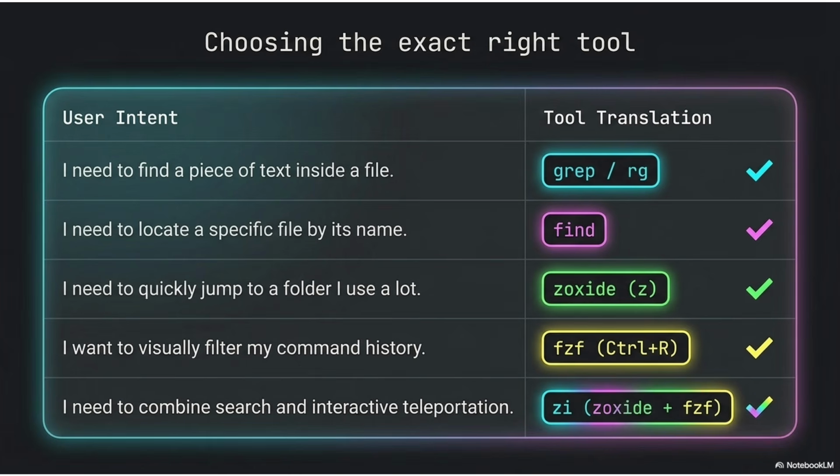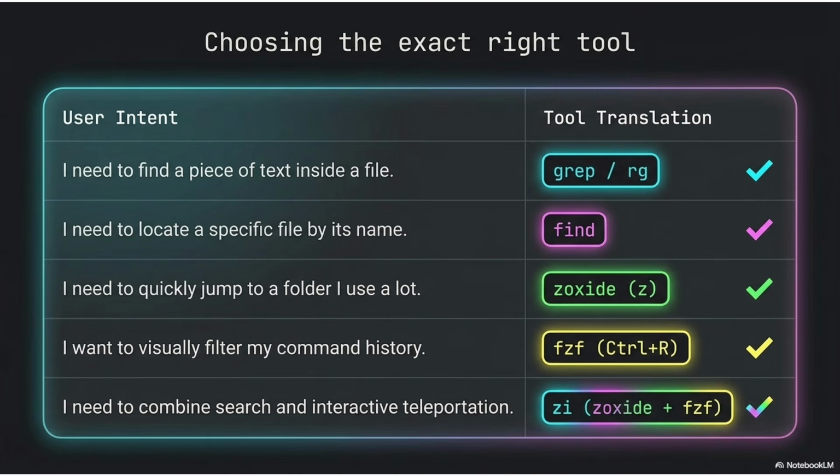This decision table is your reference for choosing the right tool when you have a task to do. The mapping is straightforward. When you need to find a piece of text inside a file, reach for grep or rg. When you need to locate a specific file by name, reach for find. When you need to find and quickly jump to a folder you use often, reach for zoxide or z.